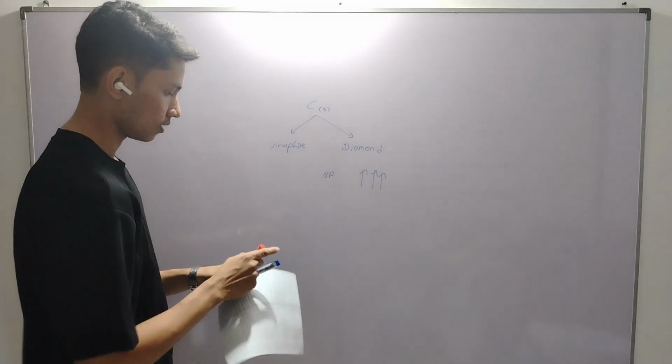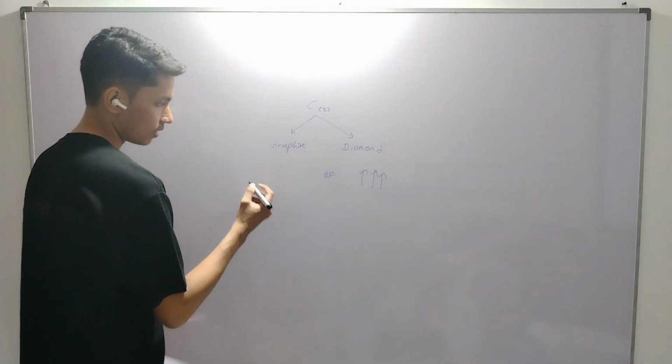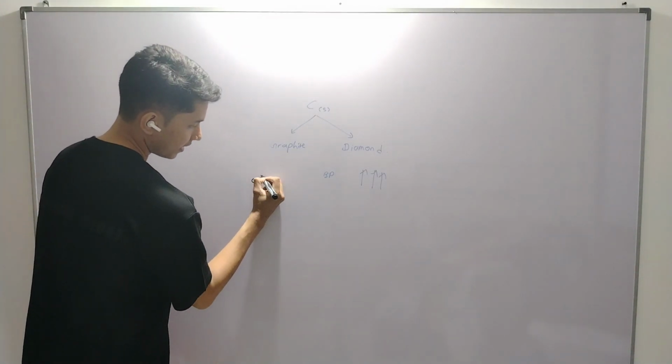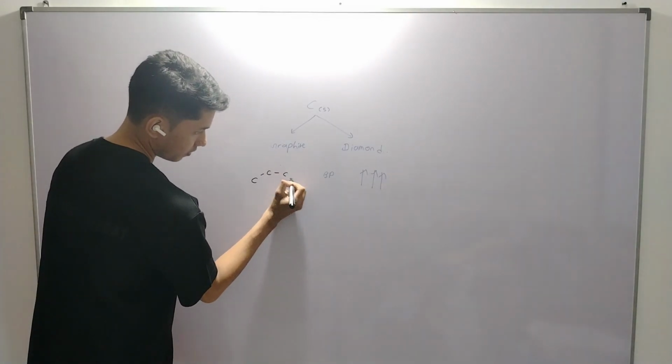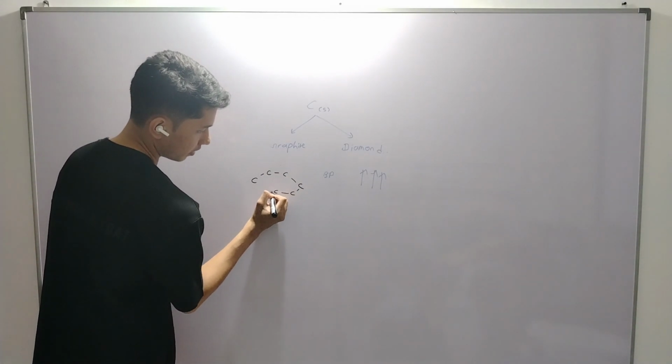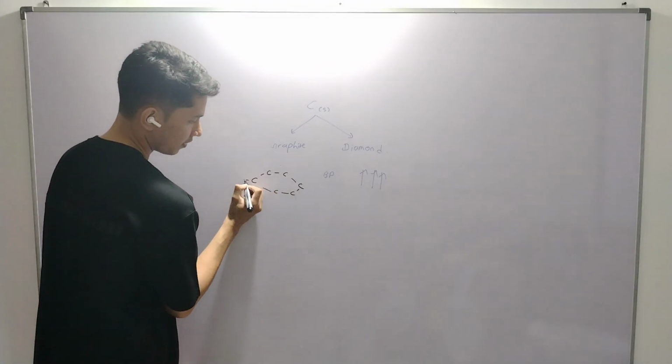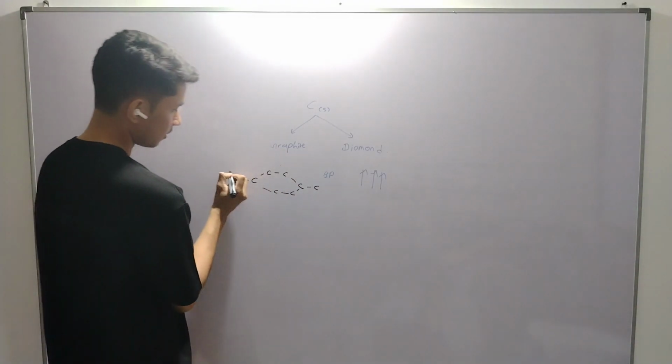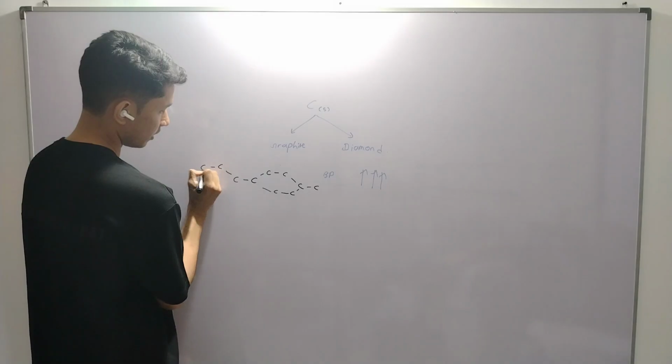So, in graphite, the arrangement is like this, okay? There are layers of carbon, like this, okay? It goes like this, it continues.